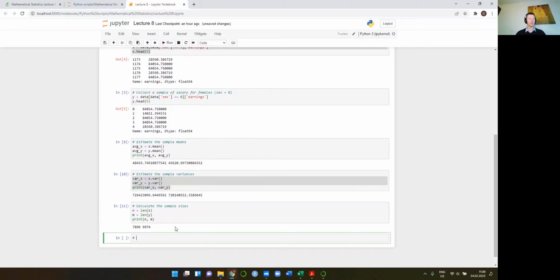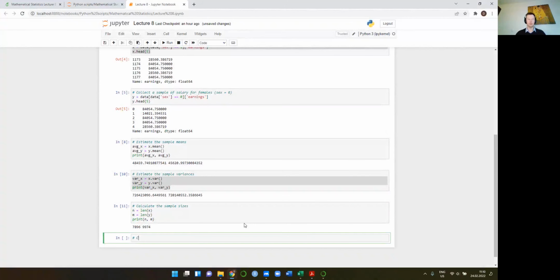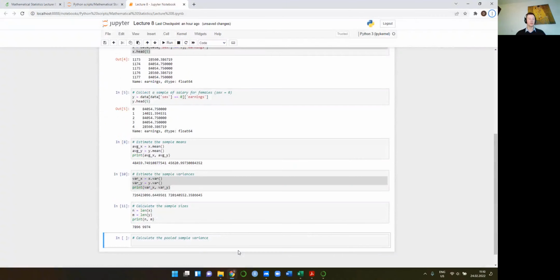The next step is to calculate this pooled sample variance, this thing. Well, it's quite easy. Let's call this pooled variance.